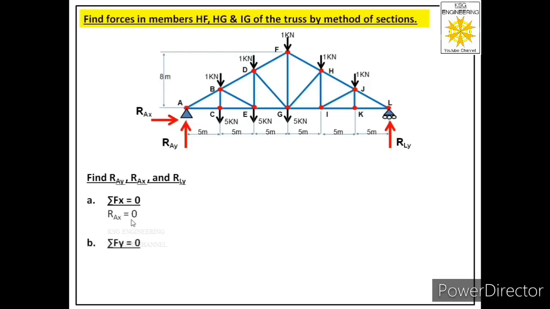Now let us apply the second equation, that is summation Fy equal to 0. Let us see how many forces are acting in y direction in this truss. There are 10 forces.